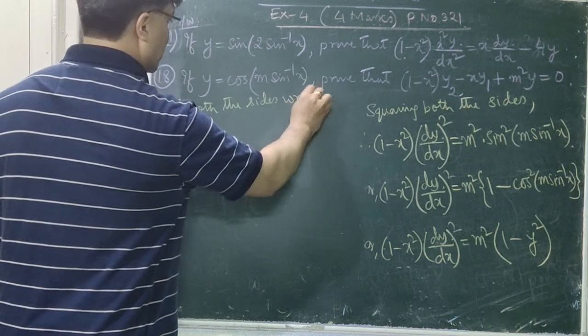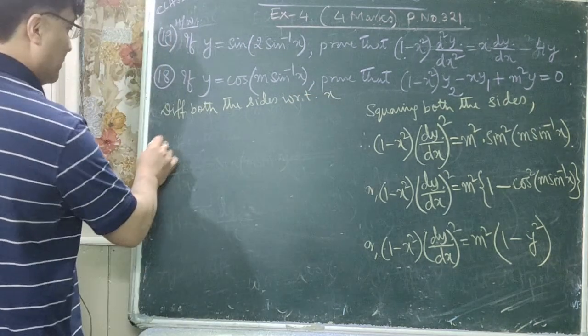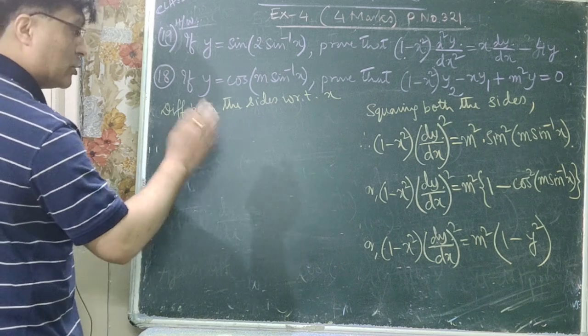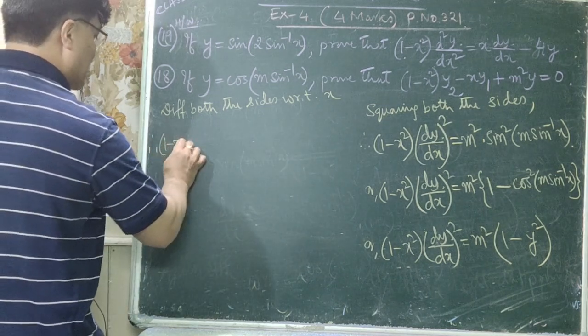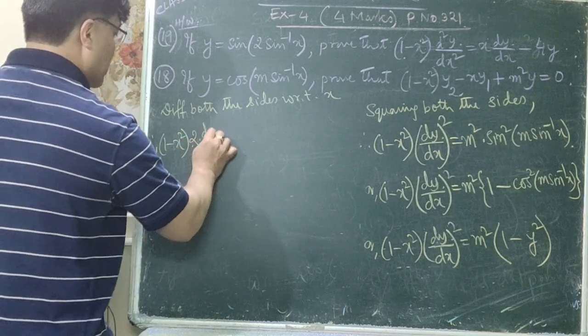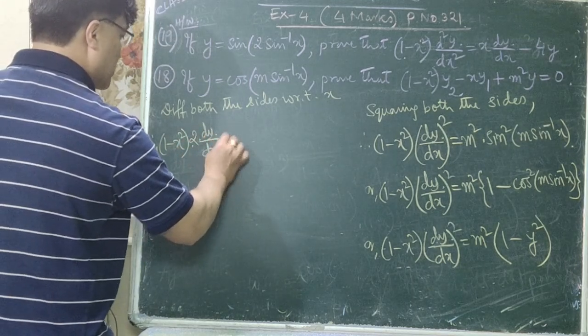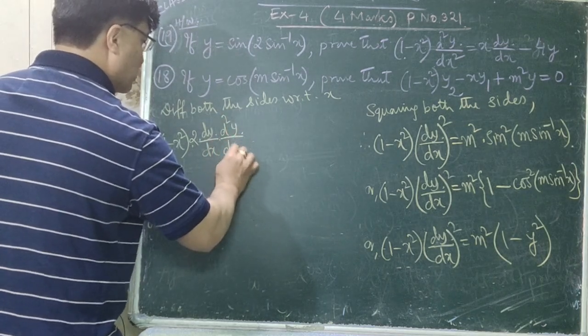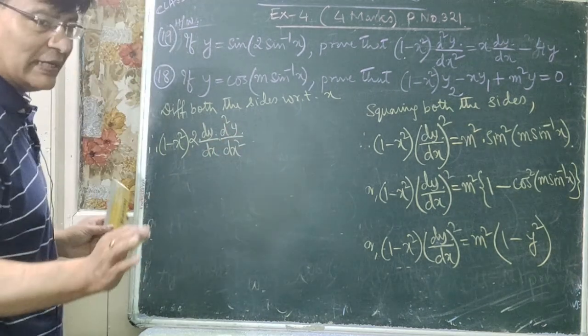with respect to x. Okay, now you can use UV rule on the left hand side, right? So keeping 1 minus x square as it is, differentiate dy by dx whole square, 2 into dy by dx into again differentiate dy by dx with respect to x, that is your d2y by dx square. Is that clear?